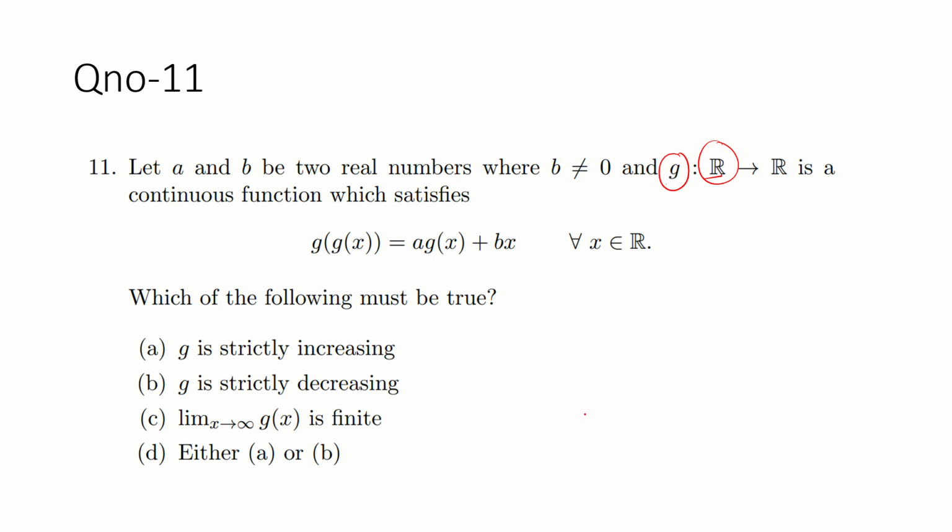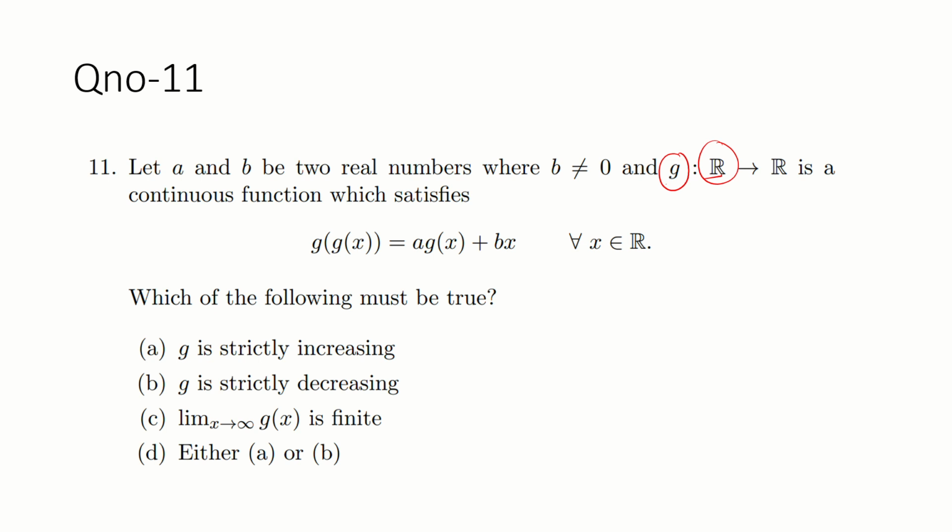So this function goes either in an increasing way or a decreasing way. So this is a hint: strictly increasing, strictly decreasing. We just have to check whether the function is one-one or onto.